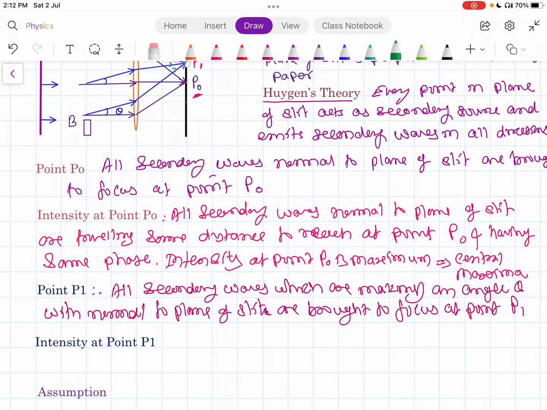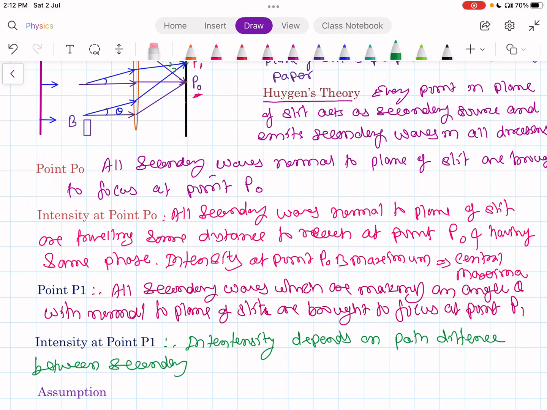So we can say that intensity at point P1 depends on path difference between secondary waves which are reaching at point P1.